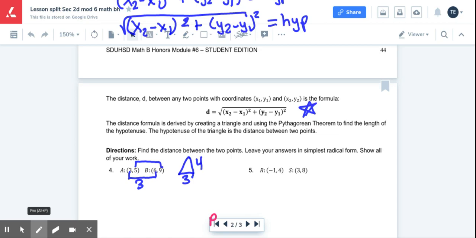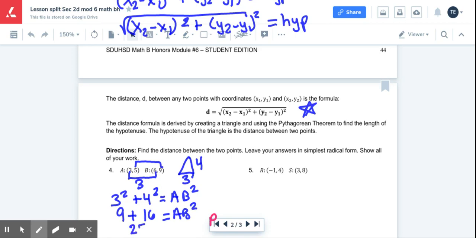So then I'm just doing my Pythagorean theorem. 3 squared plus 4 squared has to equal AB squared. So we have 9 plus 16 equals AB squared. So 25 equals AB squared. I take the square root and I get that AB is equal to 5.